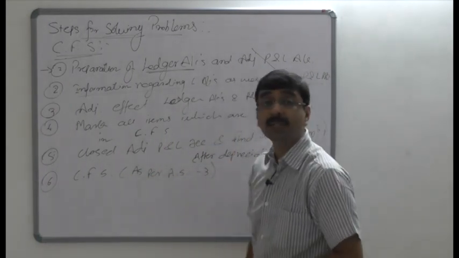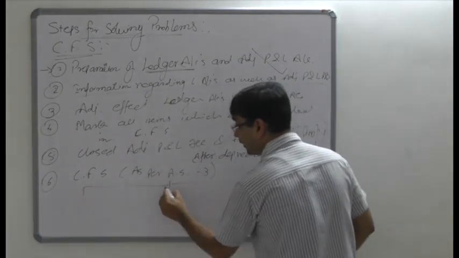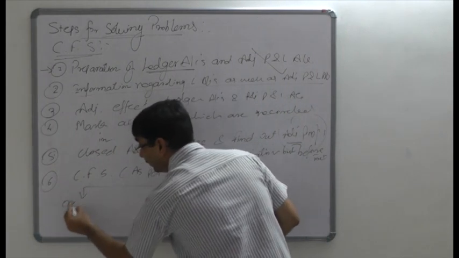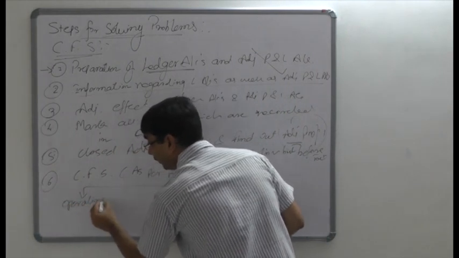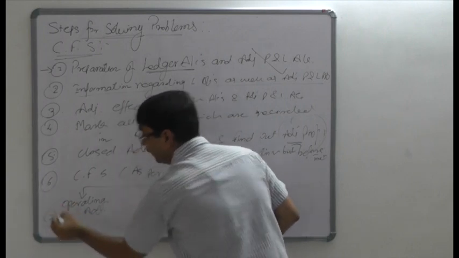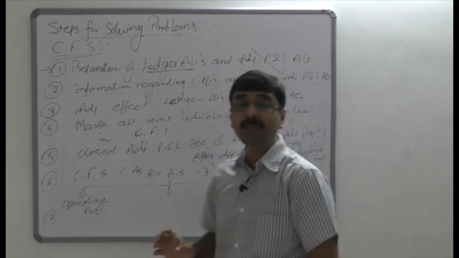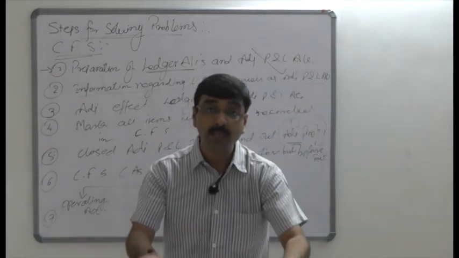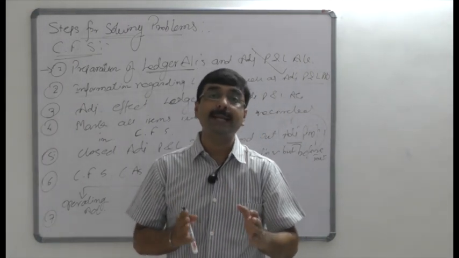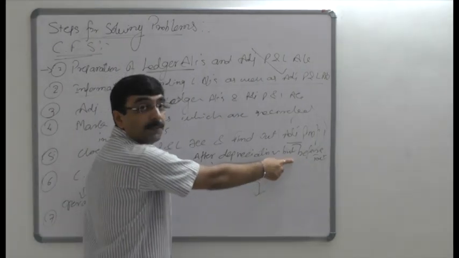Under this Accounting Standard 3, the statement would be divided into 3 parts. The first part is operating activities. Under this operating activity, point number 7, we'll start with the adjusted profit after depreciation, before tax. We will find out the changes of working capital, which directly affect the adjusted profit first.